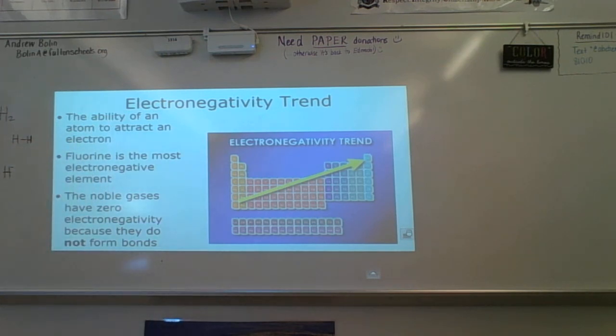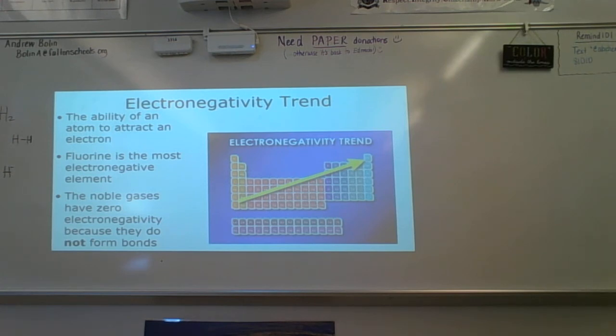So on this one, the noble gases have 0 electronegativity because they do not form bonds. Now, why won't they form a bond? Because they already have 8 valence electrons. Their shell is stable. They don't want to bond with anything else. They don't want to give anything away or take anything more. They're happy with just 8. That satisfies all the noble gases.